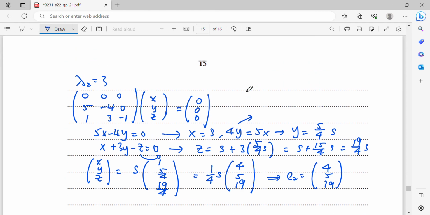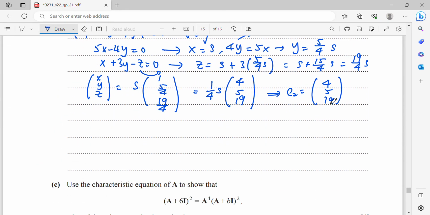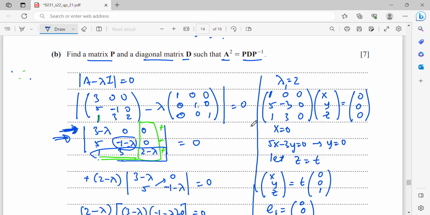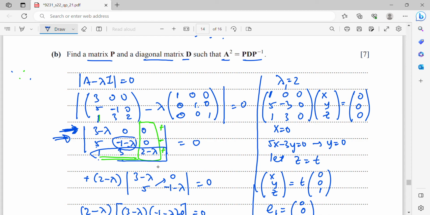Okay, so now, same for lambda 3, which is minus 1. So then, my matrix, when you substitute lambda by minus 1, it becomes 3 minus minus 1, 4. I will get 4, 0, 0 for my first row.